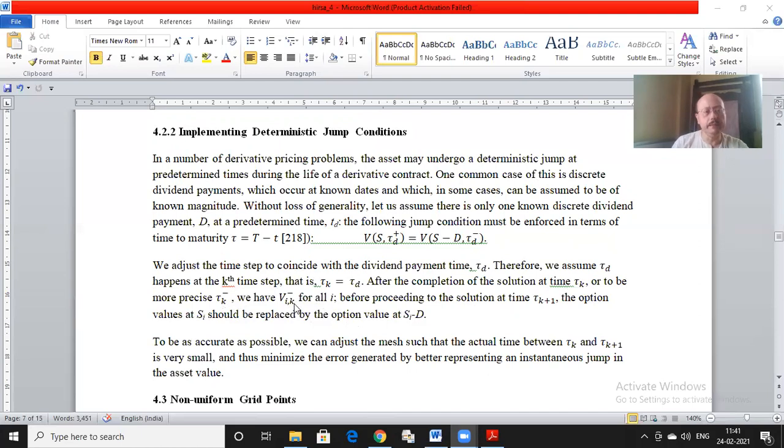So for all i, which is the value axis, I have the value. Now when I want to proceed to the time point tau K plus 1, which happens to be before the dividend, which means the stock price is different, the option value at S_i should be replaced by the option value at S_i minus D. So this is the equation that is going to be used for the calculation of tau K plus 1.